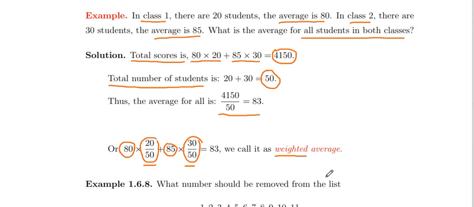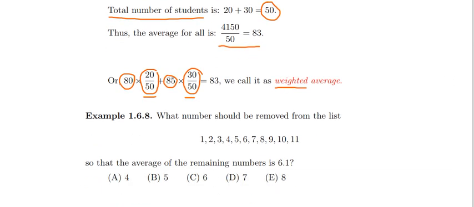Like if we have two guys, this one contributes 60% and that one contributes 40%, right? So we call this a weighted average. In many situations we will use this notation, weighted average.